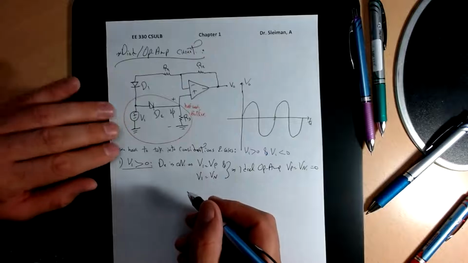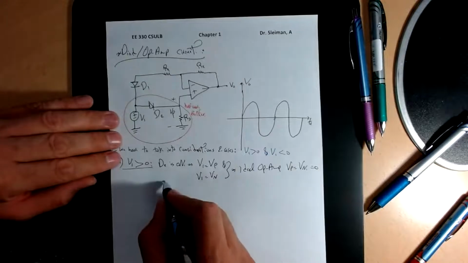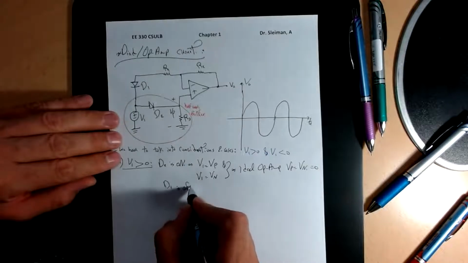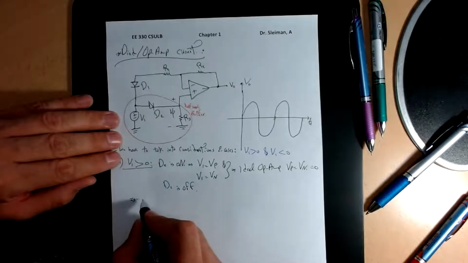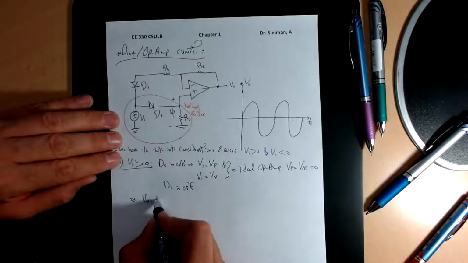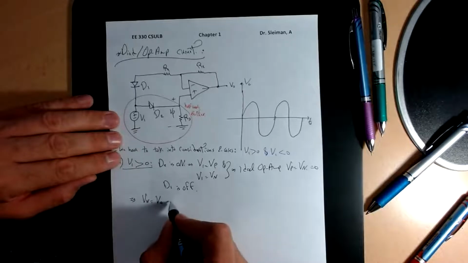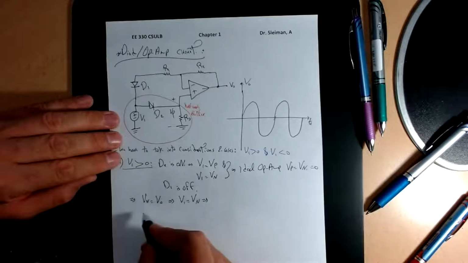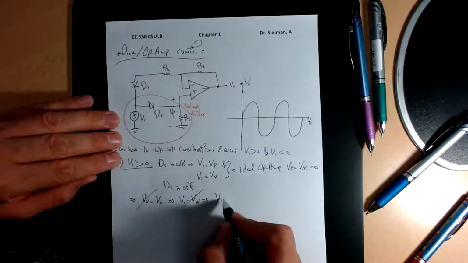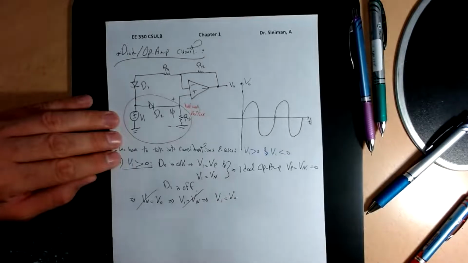So in this case, D1 is off. So we have Vn is equal to V0, and V1 is equal to Vn. That means V1 is equal to V0. Simple as that.